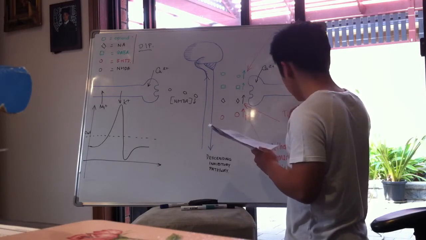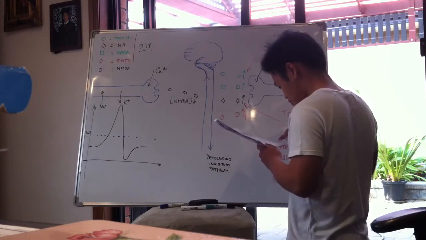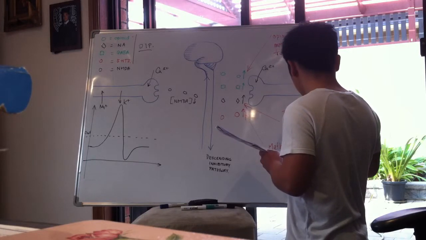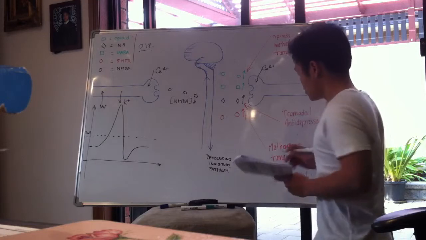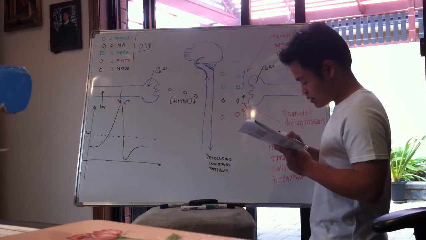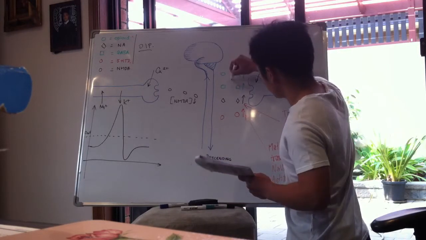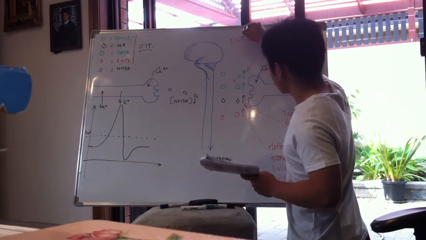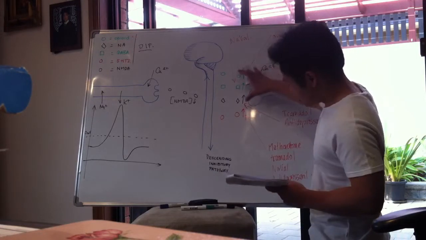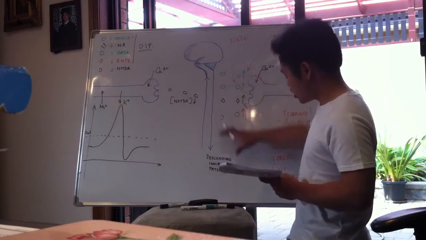You can have tramadol, and we can have antidepressants. And then the only one that affects GABA is sodium valproate. You can see that's what we're trying to do. We're trying to increase these inhibitory neurotransmitters so we stop the pain impulse.